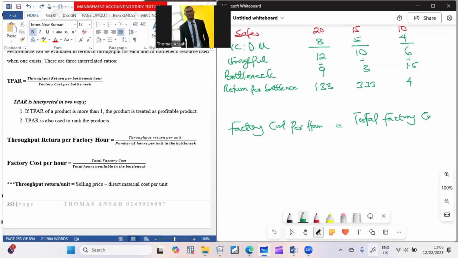I told you factory cost is the same as the fixed cost, and it is any other cost aside from your material, right? Divided by number of hours per bottleneck.